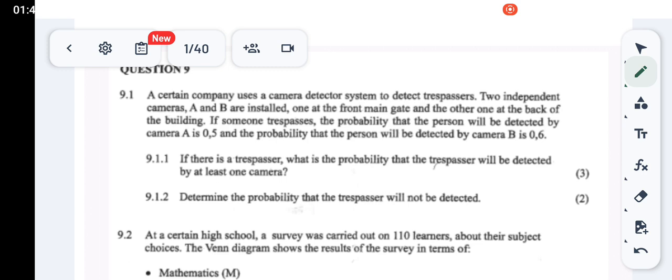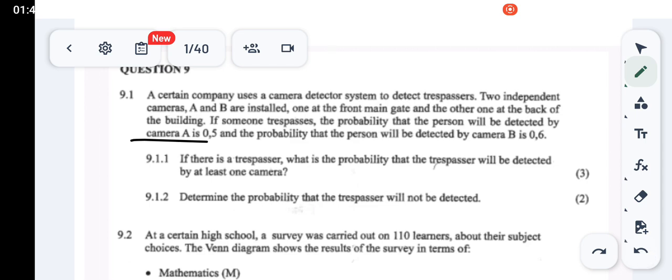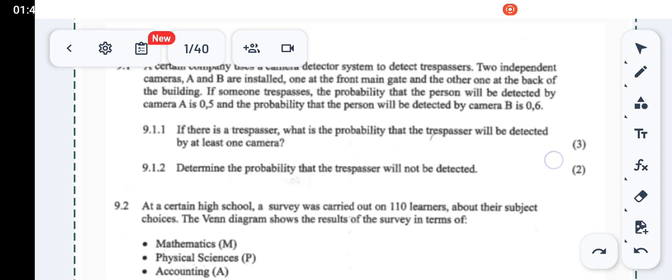If someone trespasses, the probability that the person will be detected by camera A is 0.5. So we can say probability of A is equal to 0.5, and then the probability that the person will be detected by camera B is 0.6, right?